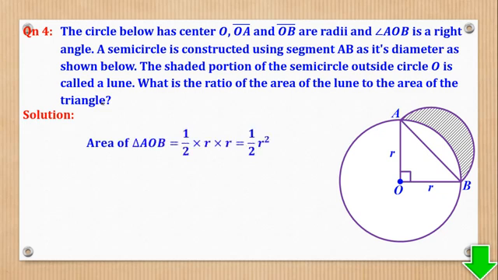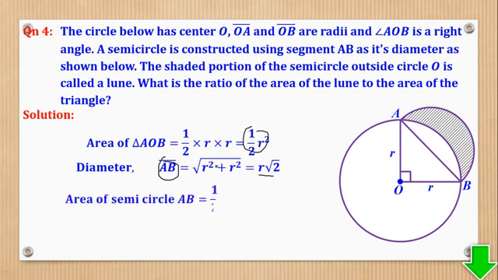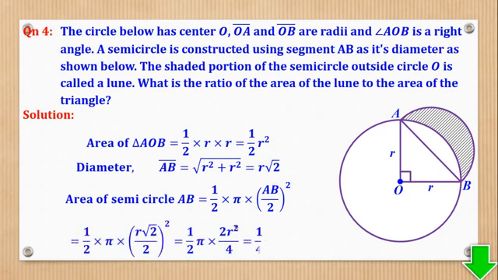So first, area of triangle AOB, half base times height, which is this. Then from Pythagoras theorem, I can get this diameter, which will be r root 2. Therefore, area of this semicircle is a half pi r squared. So substitute for AB, which you know, and this will be the area of the semicircle.